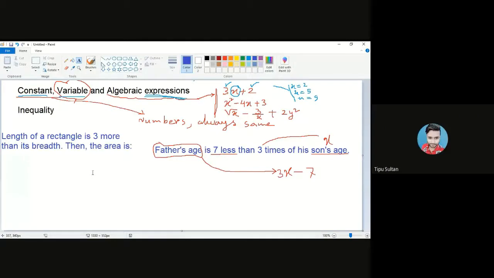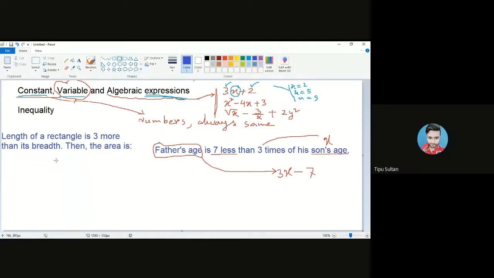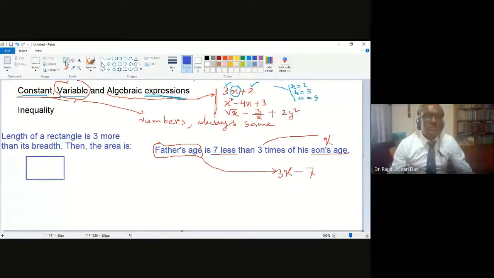Yes, you tell me. 3 plus x. Okay. So what is your x? Which one is your x?